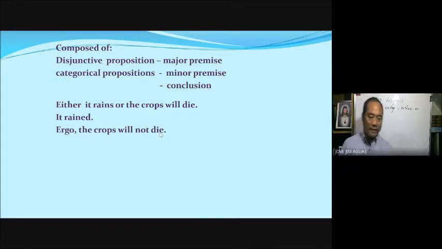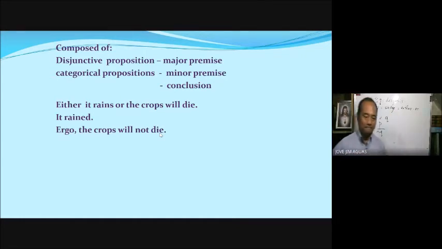The schema is: P or Q. P, rains; Q, crops will die. It rained, so P, therefore the crops will not die, not Q. That's the schema of that syllogism.